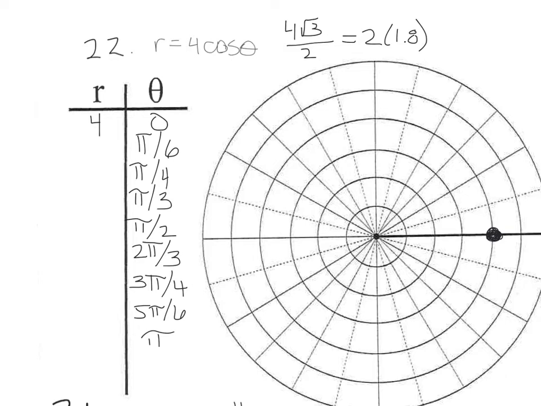So if we multiply those, we get about 3.6. That means we're going to rotate to this axis, that's the 30 degree, and we're going to go out about 3.6: 1, 2, 3, and then a little bit more than halfway. Put us right about there.